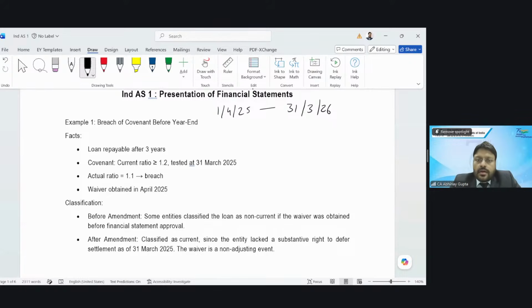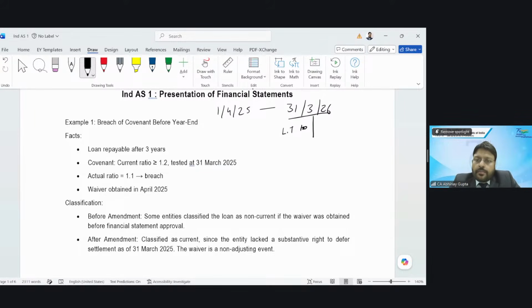Now, we are preparing this balance sheet. Loan was to be presented as long-term liability. Suppose 100 rupees. Okay. So if the breach was not there for any of these covenants, but now because the company has breached a particular covenant, the banker or the lender can demand this 100 rupee loan immediately, which otherwise would have been repaid in 10 years.